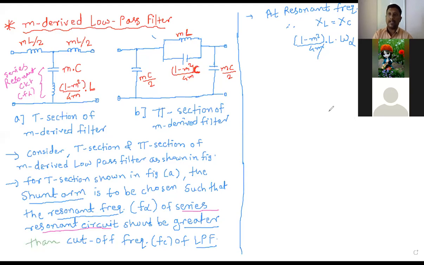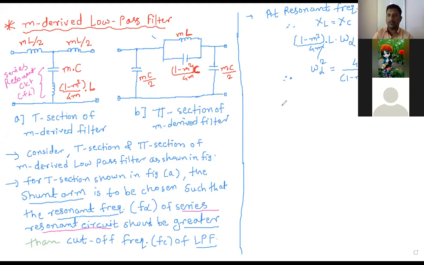Taking omega alpha to the left hand side, omega alpha square is equal to the remaining things converted to the right hand side. So 4 goes to the numerator: 4 divided by (1 minus m square) into L into C.